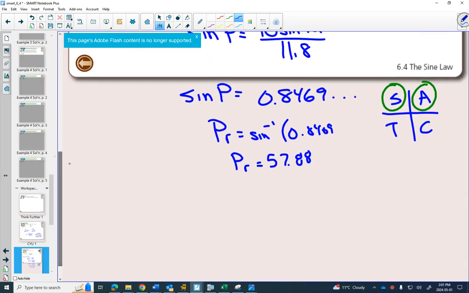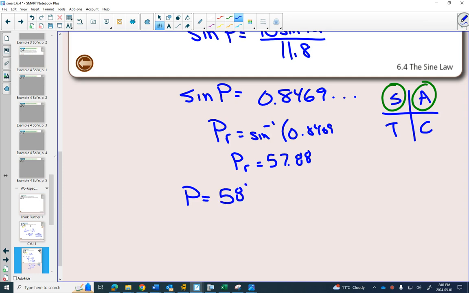Yes, it does. So the possibilities are P could have been 58 degrees, and in quadrant 2, if I have a reference angle of 58 degrees, 180 minus 58 is going to be 122 degrees, but that one doesn't work with our triangle.